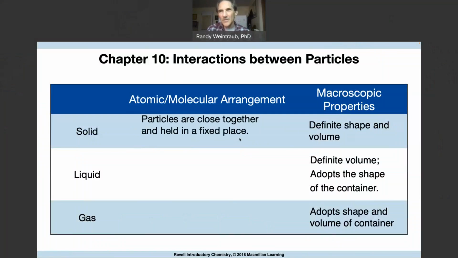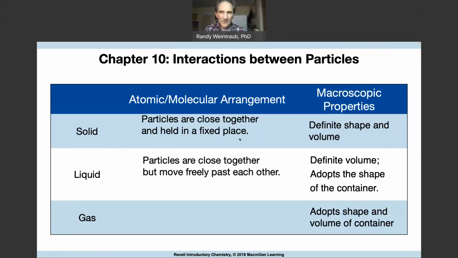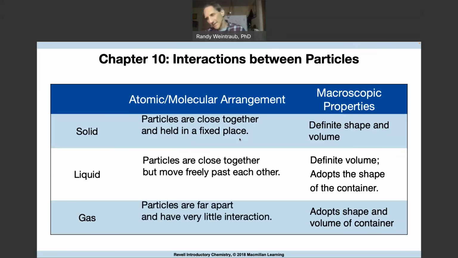In a solid, particles are close together and in a relatively fixed place. Liquids are particles that are close together, but they are free to slide past one another. In a gas, the particles are further apart. They have more energy and they move much faster.